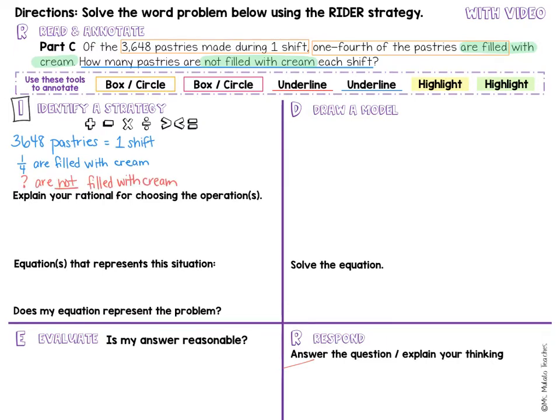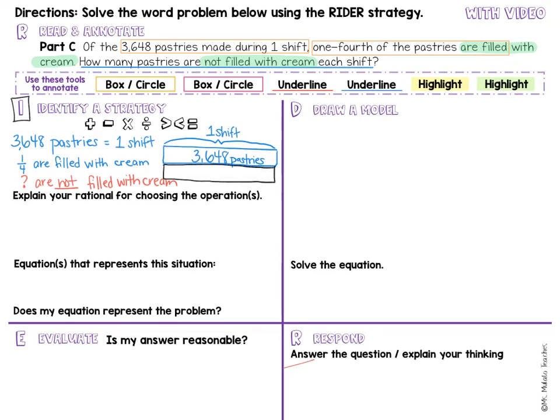As we're thinking about a strategy, I want us to think about a bar model. We know that there are 3,648 pastries made during one shift. Out of these 3,648 pastries, 1/4 are filled with cream. So I'm going to draw a bar model directly underneath that is the same size as the bar model I've already drawn.